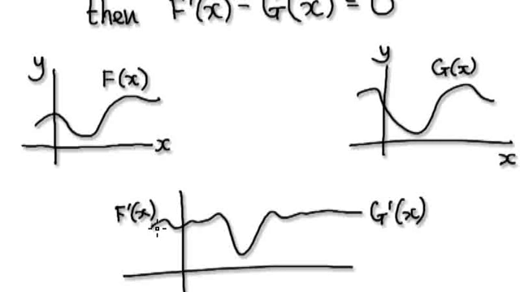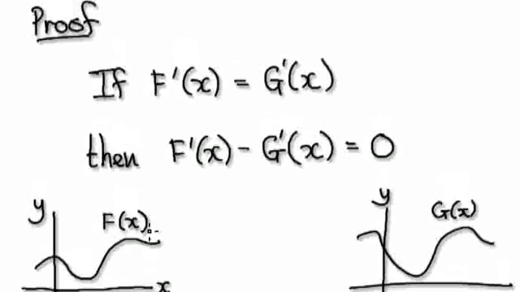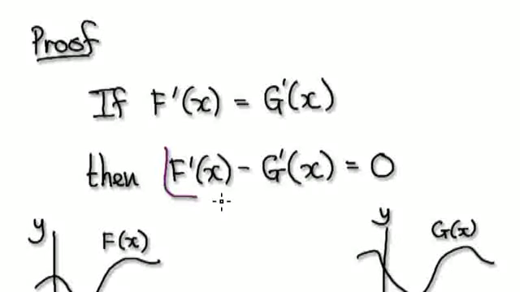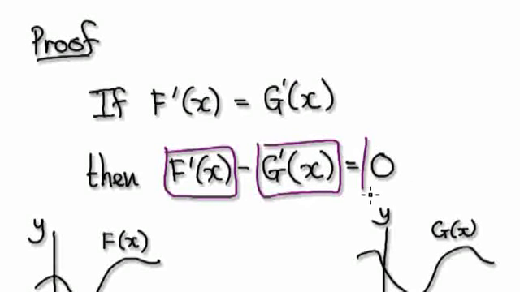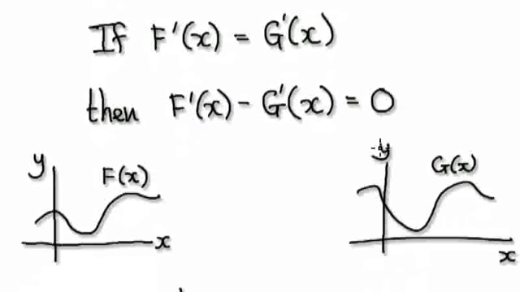If you get this exact same line, take away the exact same line, then you're going to get 0. That's what this statement is saying: if you get the exact same line, take away the exact same line, then it would be 0 everywhere. Okay, so hang on.